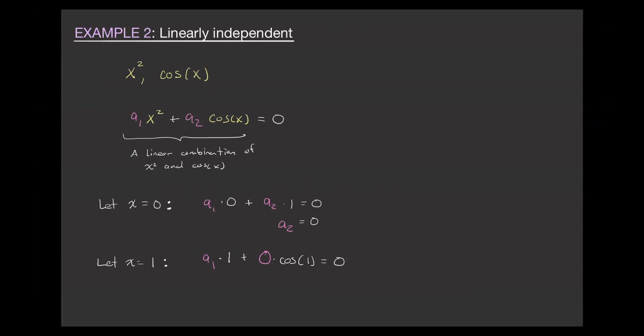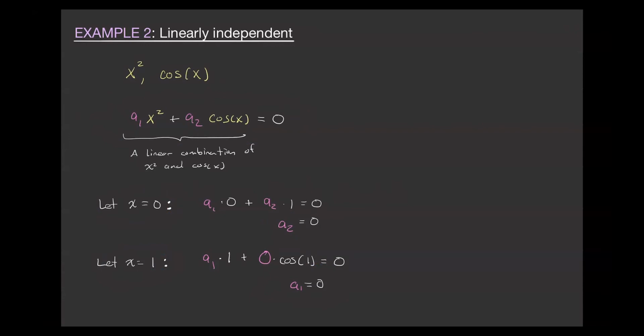And now this shows us that a1 is equal to 0. And this is what we wanted. We wanted to start with this and show, just by substituting in some different x values, that both a1 and a2 have to be 0. That satisfies the definition of being linearly independent.